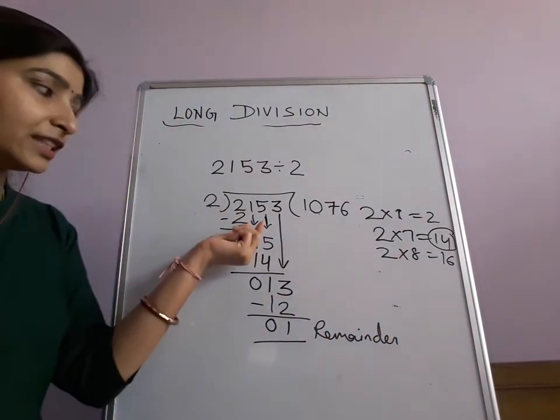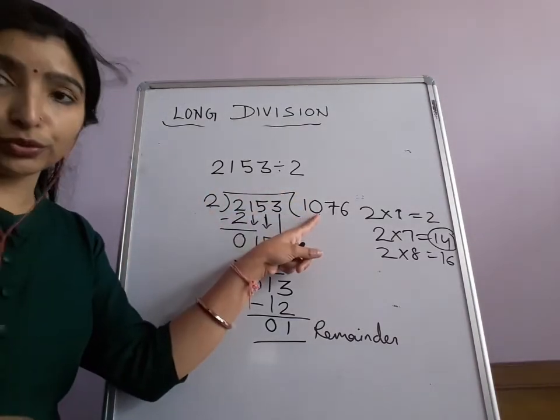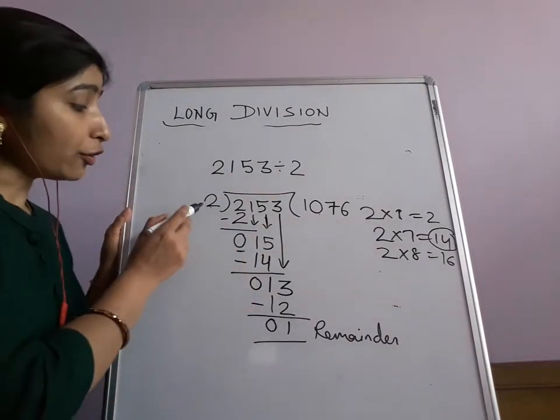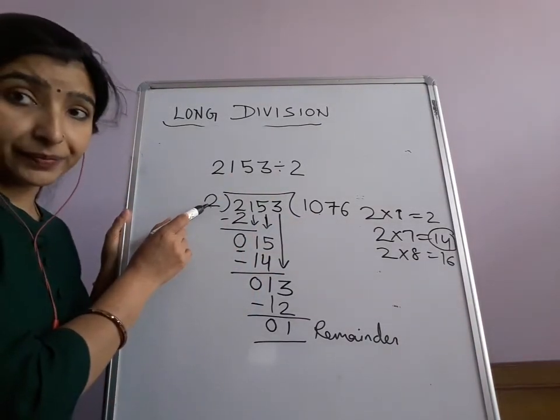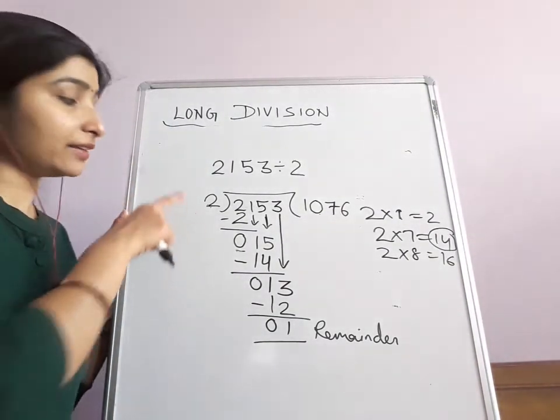Keep one thing in mind: when you are bringing down 2 digits together, you have to put a 0 here. Second, your remainder cannot be bigger than the divisor. Your remainder cannot be equal to or bigger than the divisor.